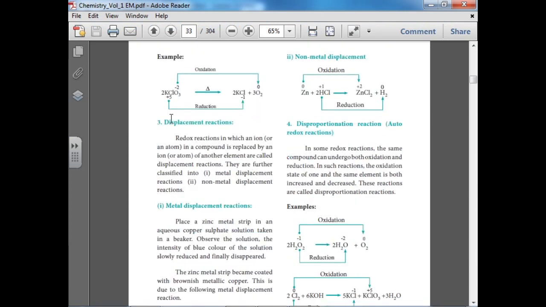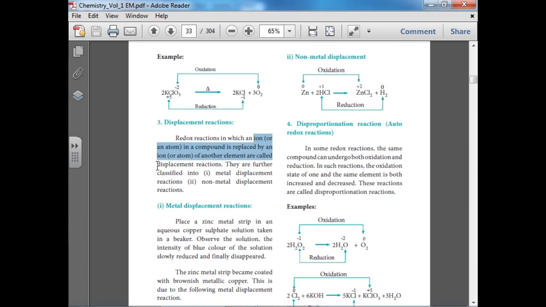The third one is displacement reaction. What is displacement? Displacement is when an atom or set of atoms in a molecule is displaced by another atom. That is called a displacement reaction. So in this redox reaction, an ion or atom in a compound is replaced by an ion or atom of another element.